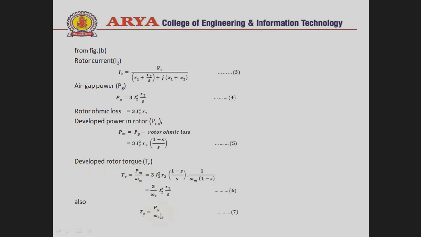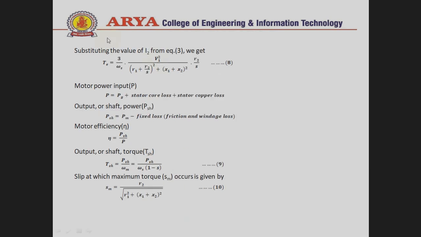In other words, if we put this value of PG, we can also say Te, the developed rotor torque, is equal to the rotor ohmic losses, the air gap power upon the synchronous speed. Now substituting the value of I2 from equation 3 in this equation, Te is here.